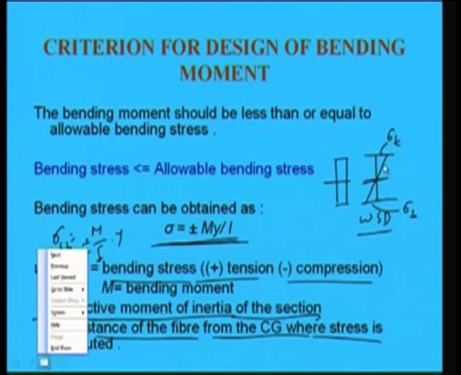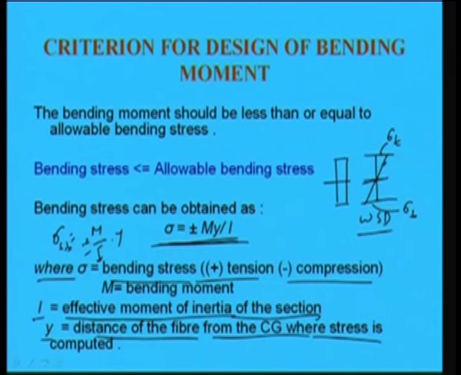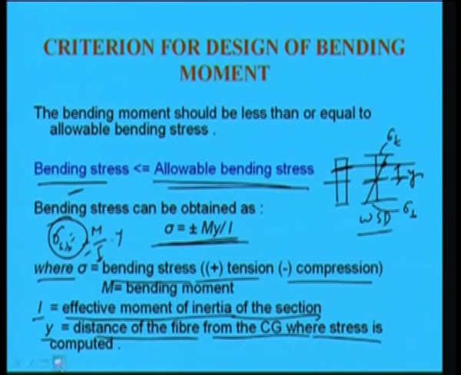If we compute the stress here in this section, then we will consider y as this, and then this has to be less than the allowable bending stress, right. So, the bending stress whatever we are going to calculate has to be less than the allowable bending stress, right.